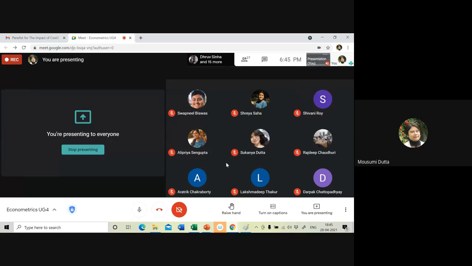Summation ui hat is equal to 0 and summation xi ui hat is equal to 0. Okay, so can anyone tell me what actually you need to do here?